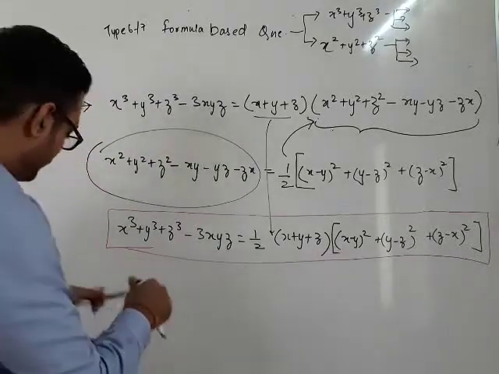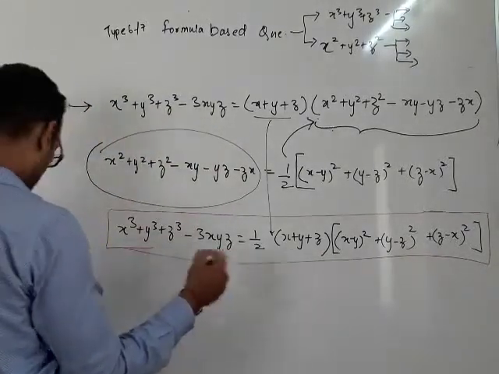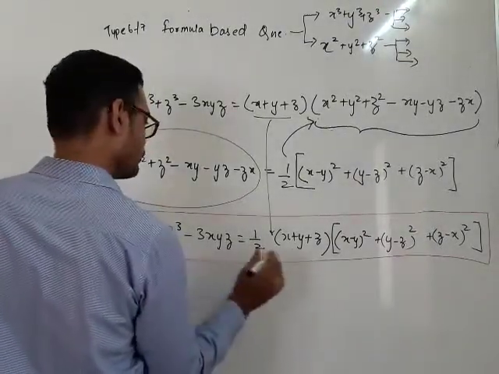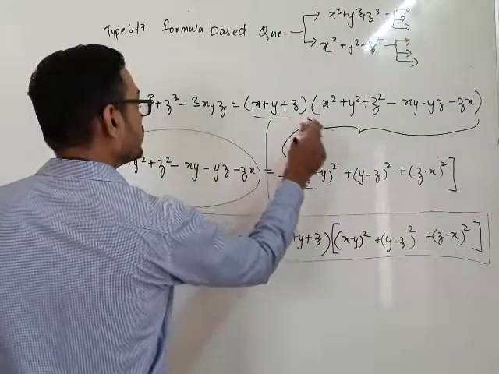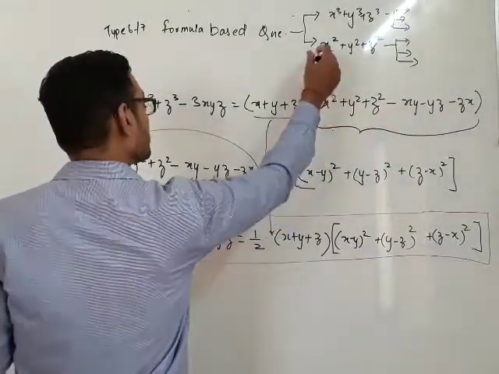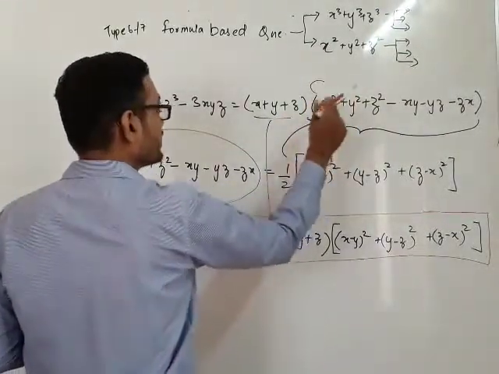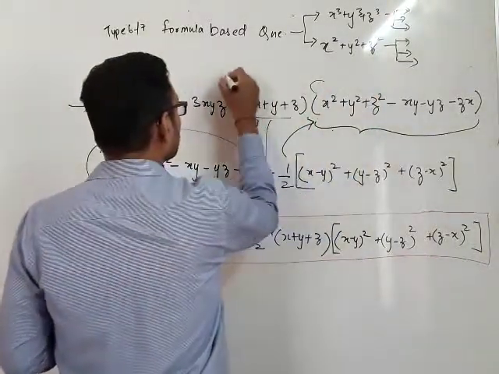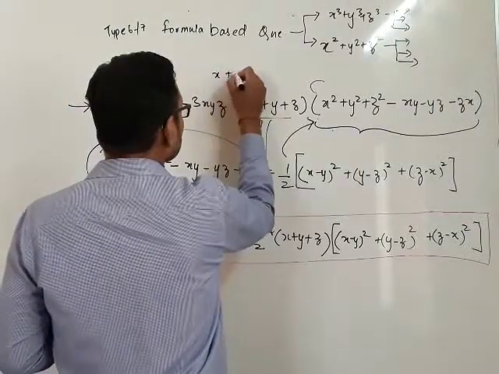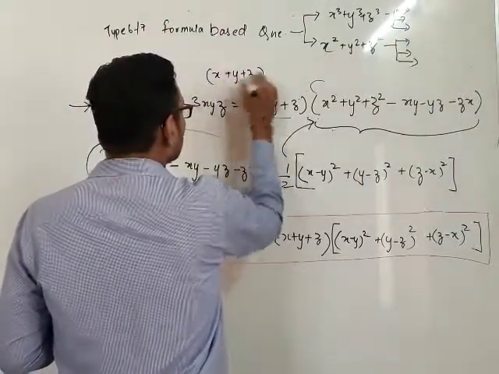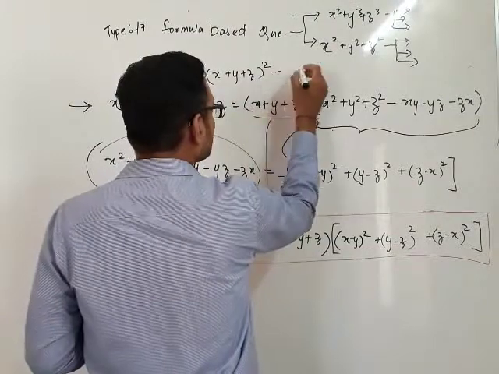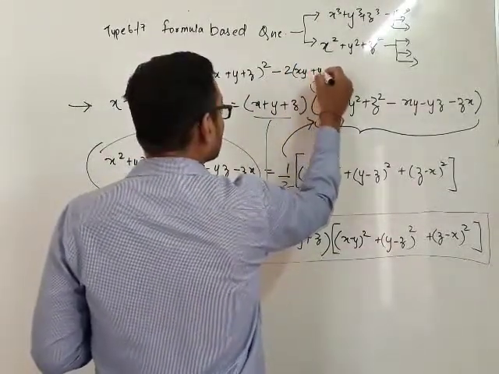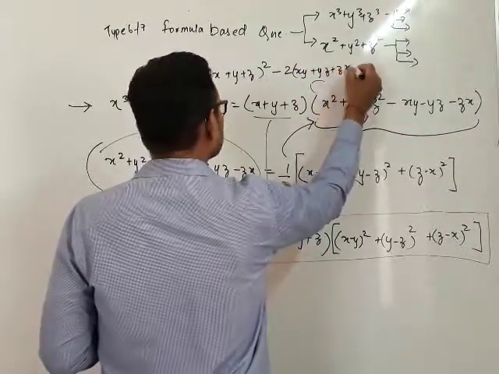Along with this, now in the next video you will come to know this can be written as, actually it is x plus y plus z the whole square minus 2xy plus yz plus zx.